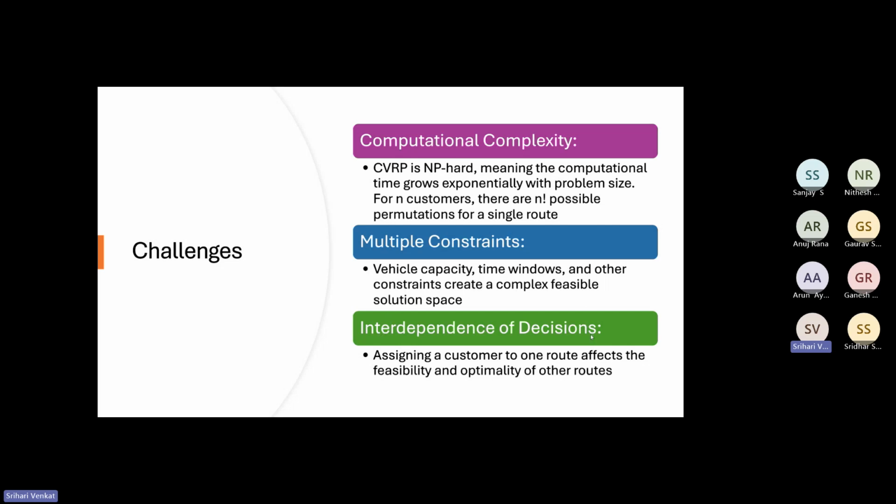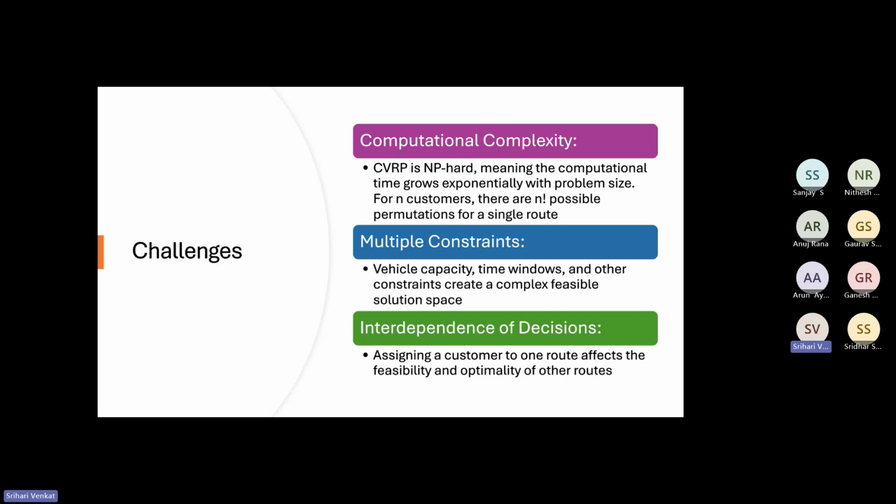And the main thing was the interdependence of the decisions. Let's say I am assigning a customer to one route; it affects the feasibility and the optimality of the other routes. Let's say I'm trying to service a customer on a particular route using a certain vehicle that can carry 100 kgs. But on another route, if I also need a 100 kg vehicle, then we might not have it.